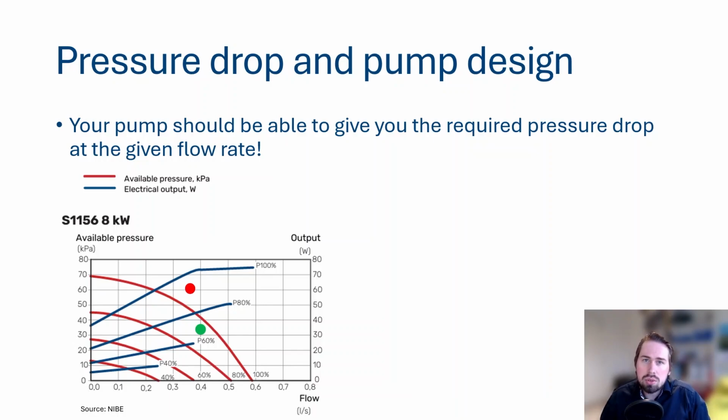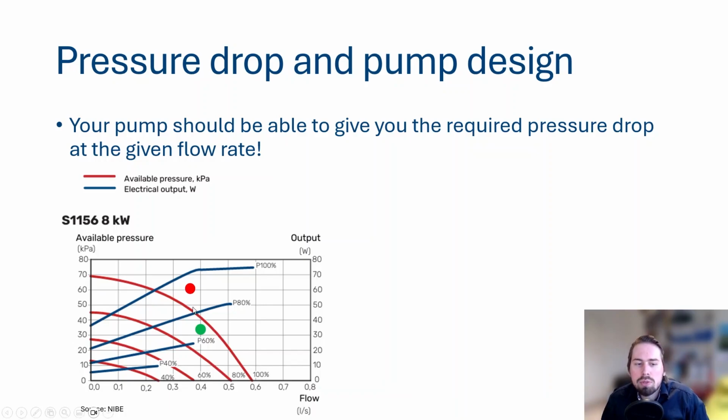So imagine that you design your borefield to work with, let's say, 0.4 liters per second, and you calculate that you need to have 32 kilopascals to do it. Then this is feasible with this heat pump, and your system will actually work in that designed point. But imagine you have designed your system to work with 0.36 liters per second, and you require 60 kilopascal of pressure drop.